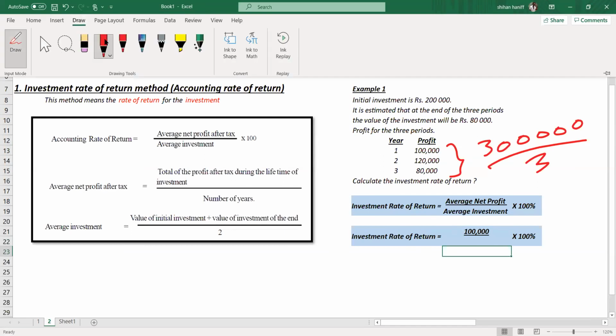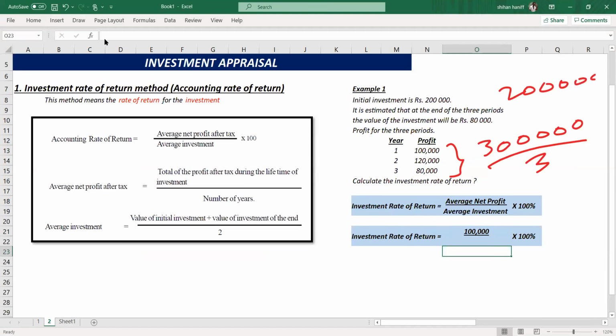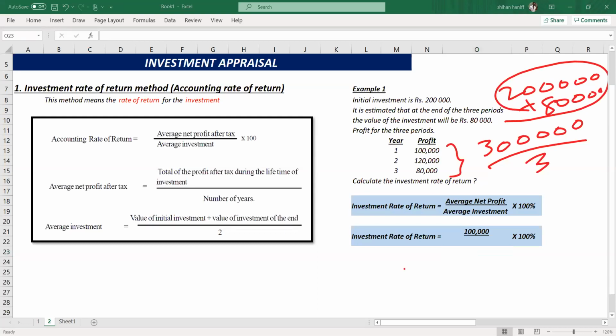Average investment: 200,000 at the beginning plus 80,000 at the end. 280 divide by 2. So 280 divided by 2 is 140.